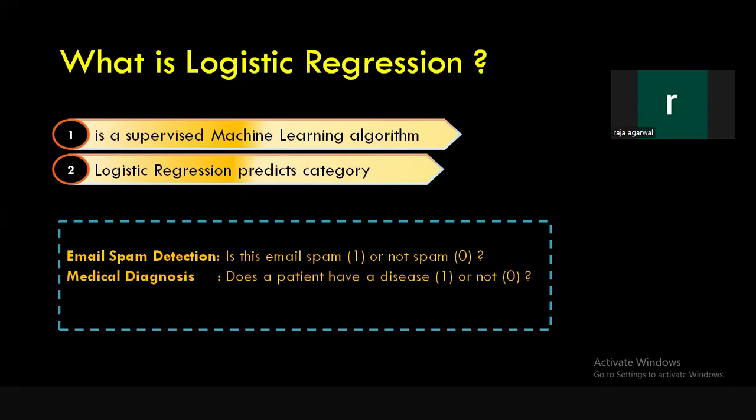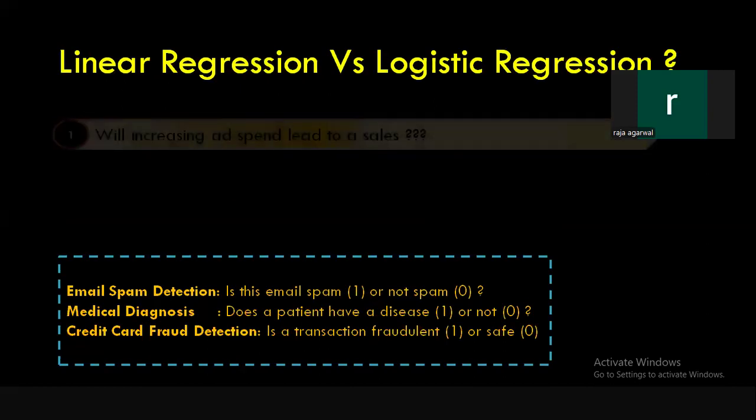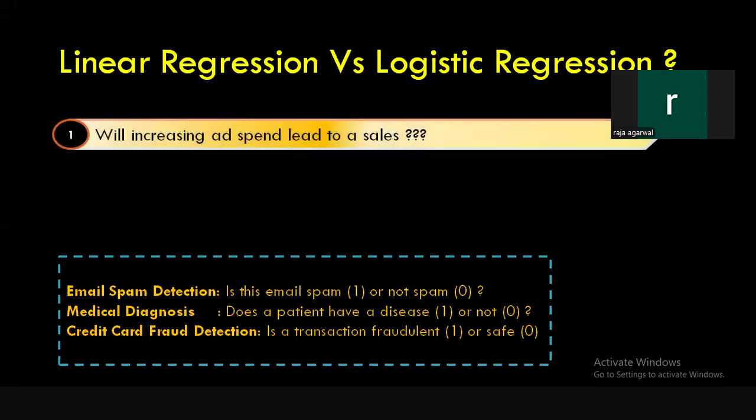Okay. Next one is, what is the difference between linear regression and logistic regression? Let's say you are a sales analyst. You are trying to predict the revenue based on the advertising spend. In that case, you would use linear regression because revenue is a continuous number, isn't it?